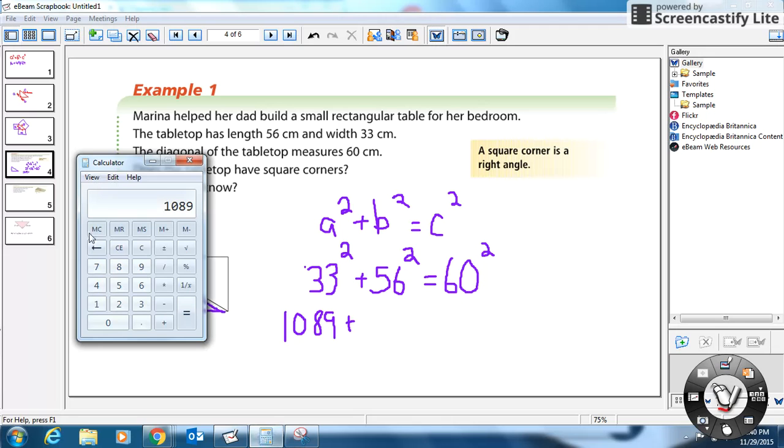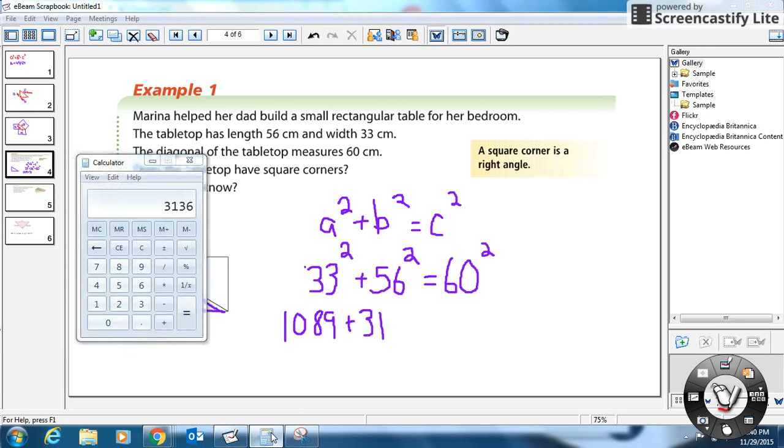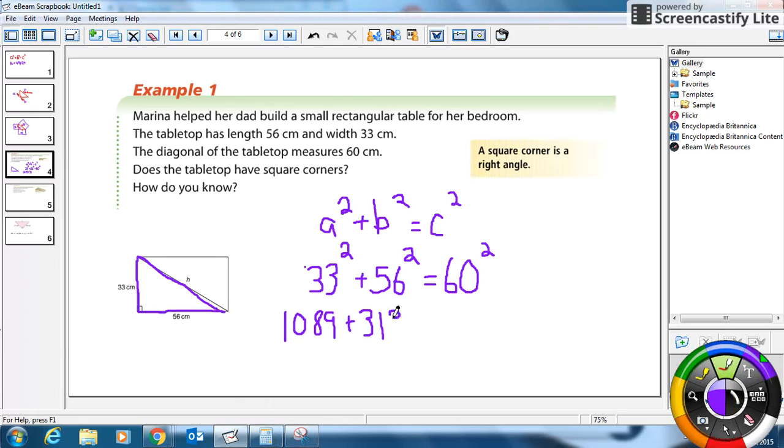Where's the calculator here? We'll go 56 squared, so we know that's 56 times 56. I have a feeling it's going to be a big number. 3,136, did it say? Yeah. Okay. Now, if we add those up, it should give us the same number here if it's a right triangle.